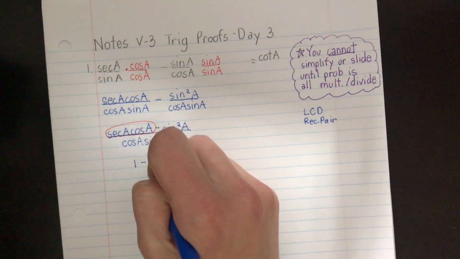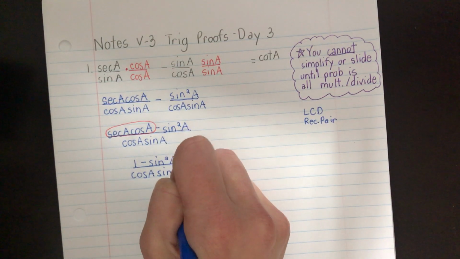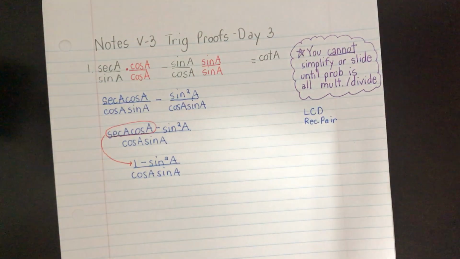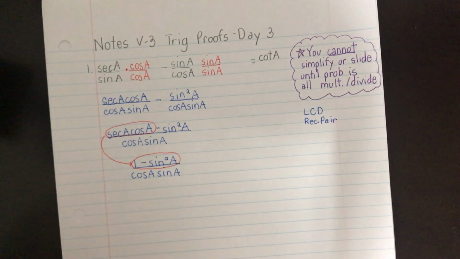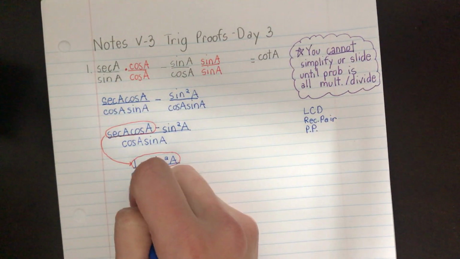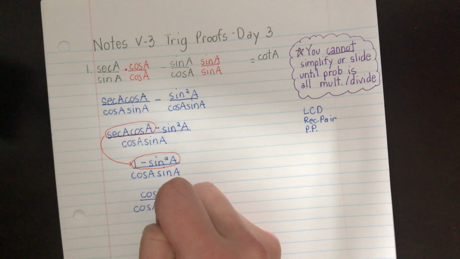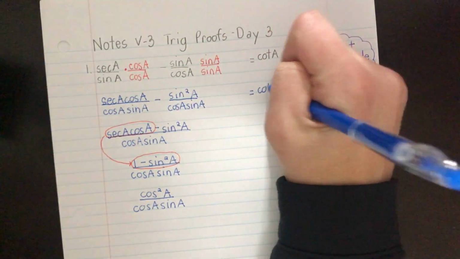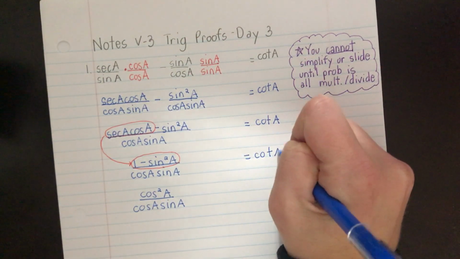So this is 1 minus sine squared of A over cosine of A sine of A. And this is a Pythagorean property: 1 minus sine squared of A will turn into cosine squared of A over cosine of A sine of A. And this all equals cotangent of A. You know me, I get excited.